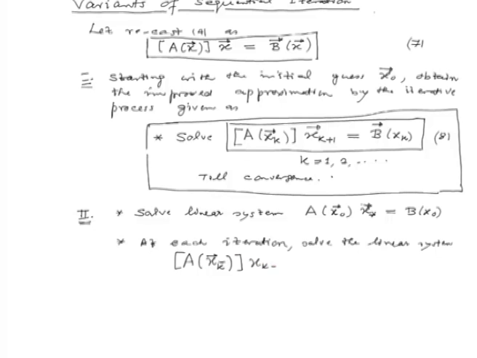A of x k bar into x of k plus 1 is equal to b of x k bar, k is equal to 1, 2 and so on, where this x k bar is defined as gamma times xk plus 1 minus gamma times x of k minus 1.